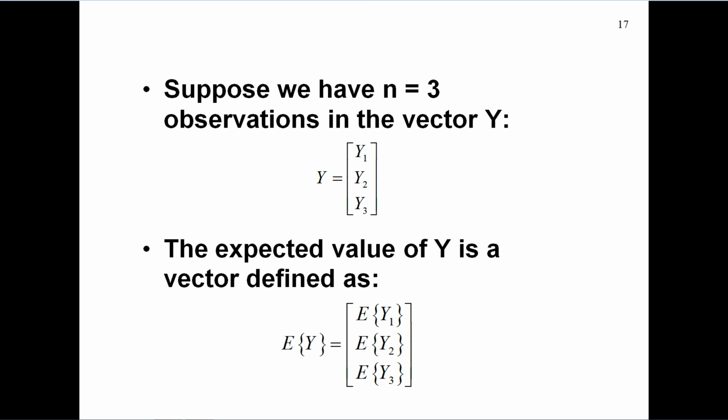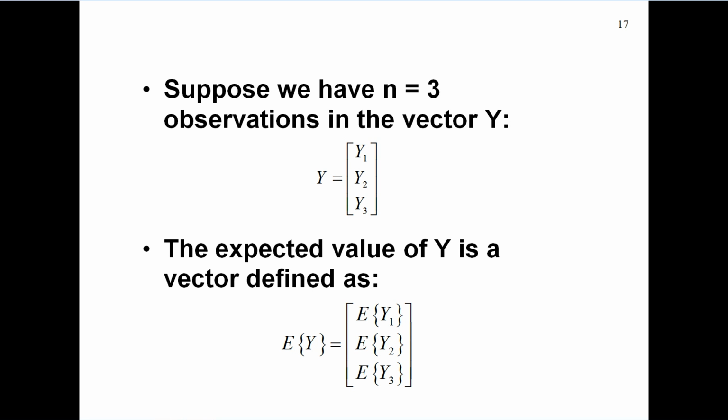So for example, suppose we have 3 observations from a linear regression analysis that we're engaged in. We call those observations y1, y2, and y3. And of course, those are random variables. Though values of those are dependent upon the particular model that we're investigating.